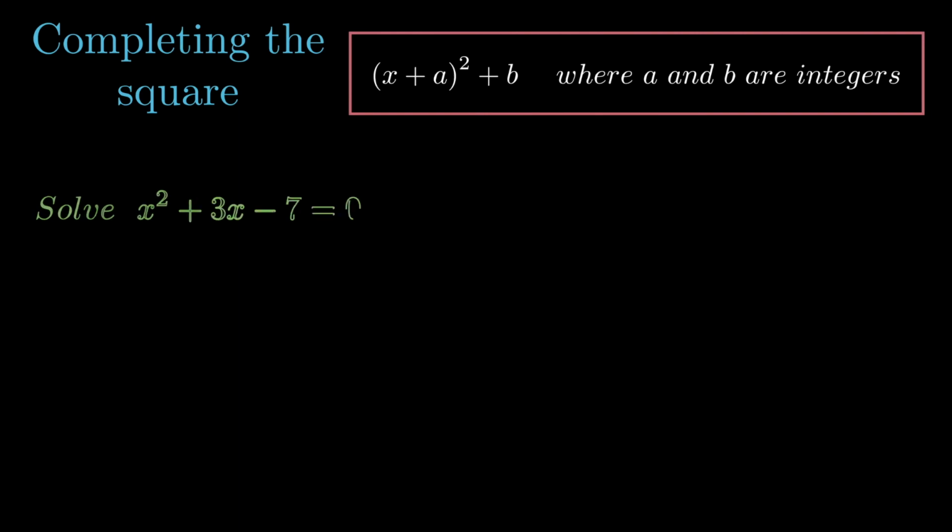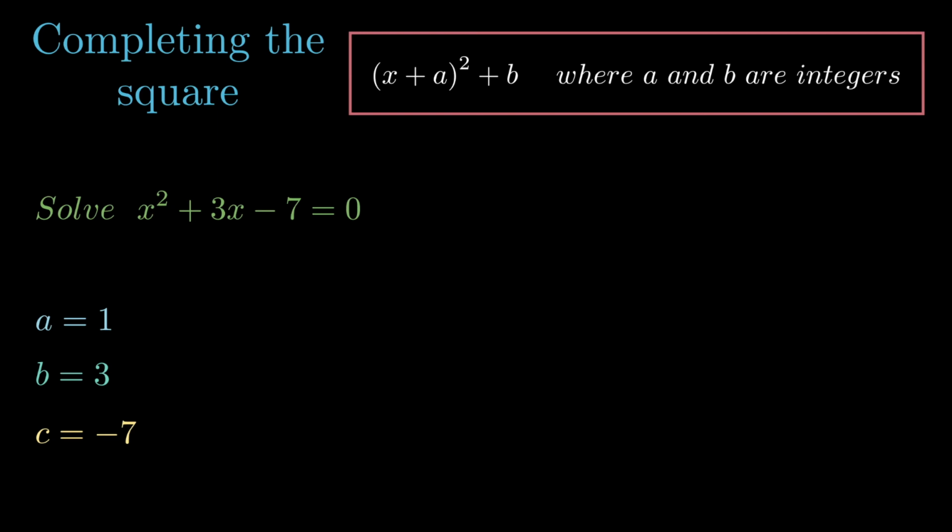This question says solve x squared plus 3x minus 7 is equal to 0. a is equal to 1, b is equal to 3, and c is equal to minus 7. Now to calculate this, we must half the b as shown in the previous questions.